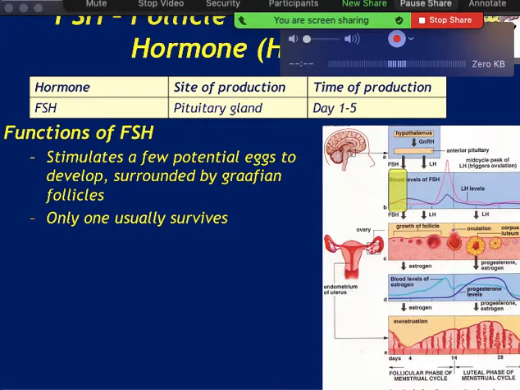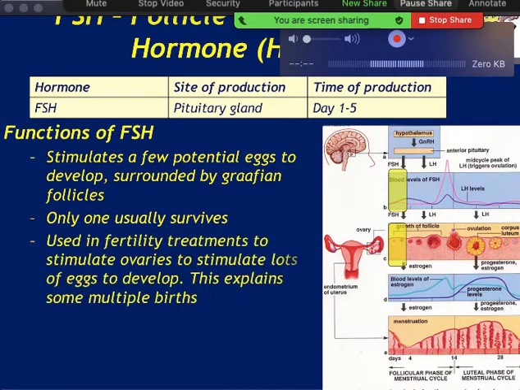So it's a follicle stimulating hormone. It makes a Graafian follicle. So if you can make the link between those two. So it's the whole day 1 to 5.